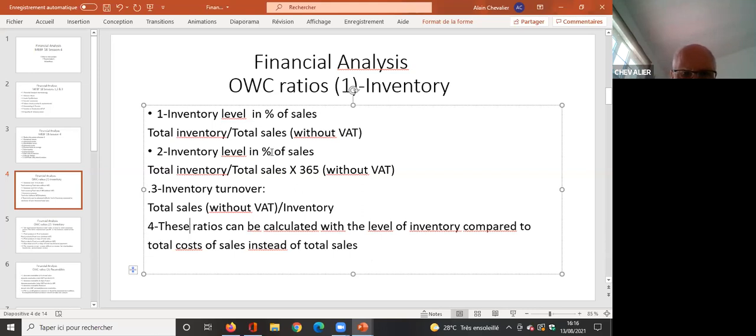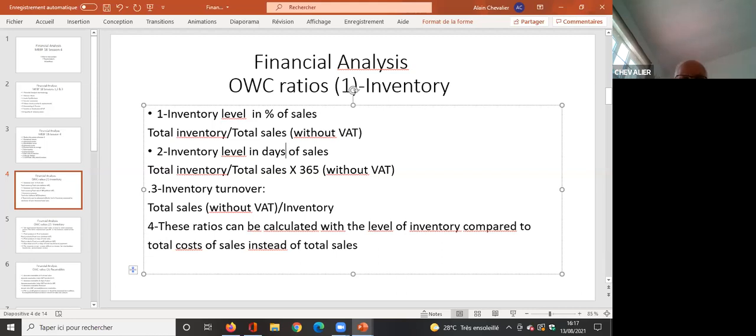So you just take the same number, total inventory and total sales, and you multiply by 365, the number of days in a year, all that without VAT, and you find an answer which is the level of inventory, not in percentage of total sales, but in terms of days of sales without VAT.